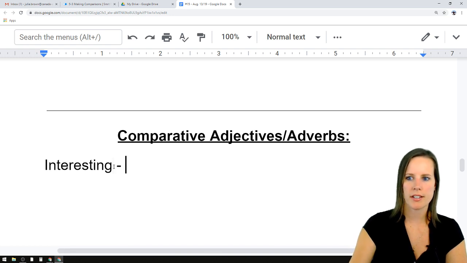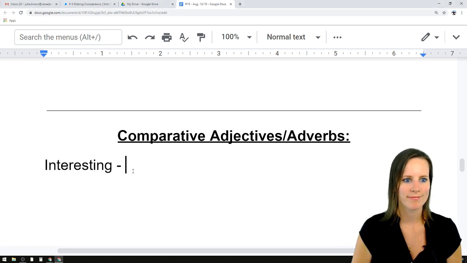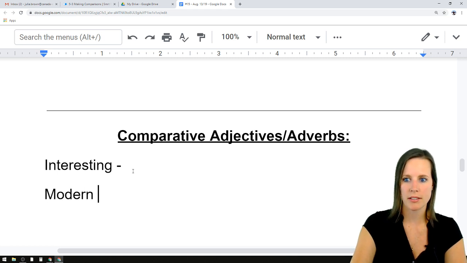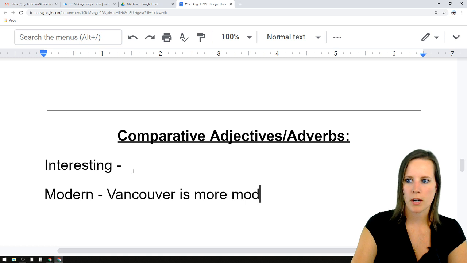Who can think of a comparative example with the adjective interesting? Oh, Gertie, that's a good one. We'll do modern. Vancouver. Oops. Vancouver is more modern than Montreal. Good. Yeah, that's true.